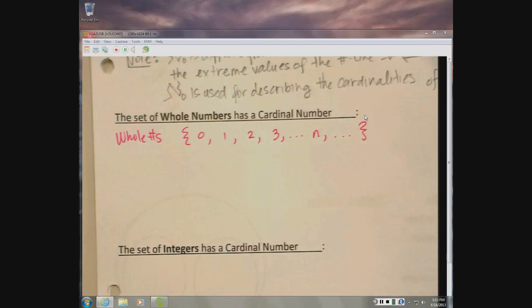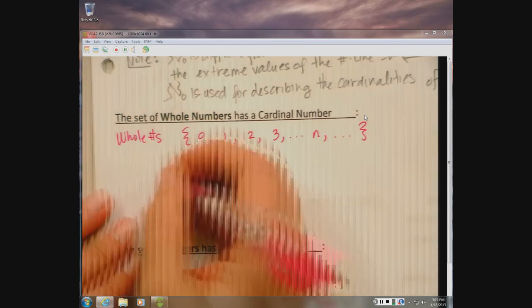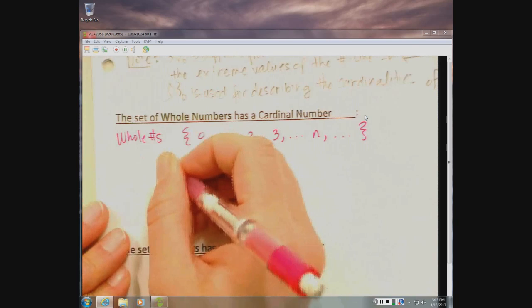And what we want to do is create a one-to-one correspondence between our counting numbers and our whole numbers. And our counting numbers are, if you remember this, the set of natural numbers.